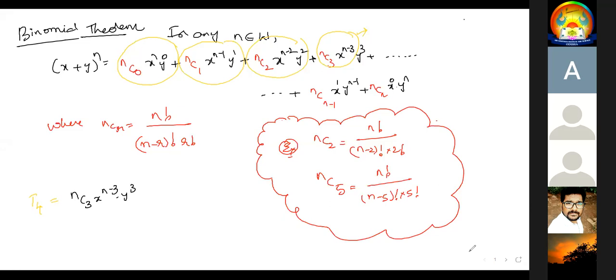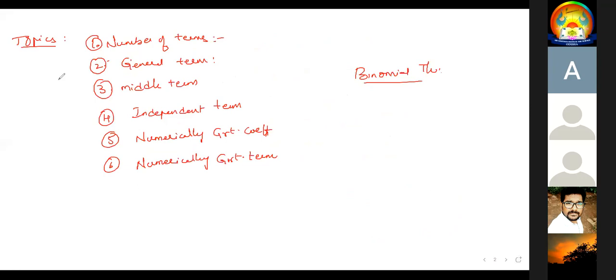In any binomial theorem, you should understand number of terms, general term, middle term. Till there today we'll study.